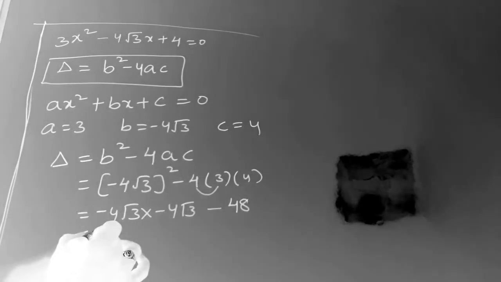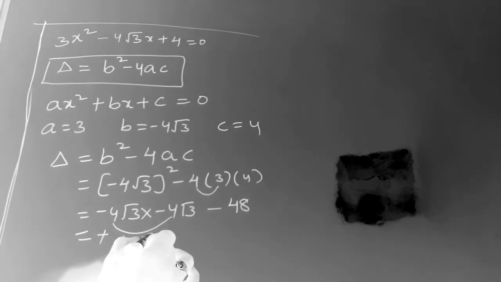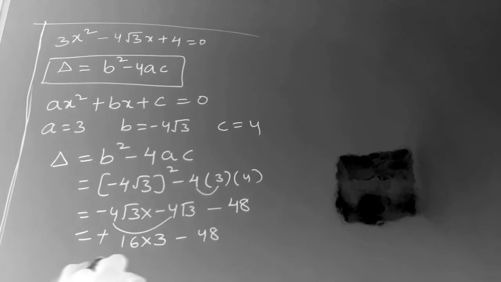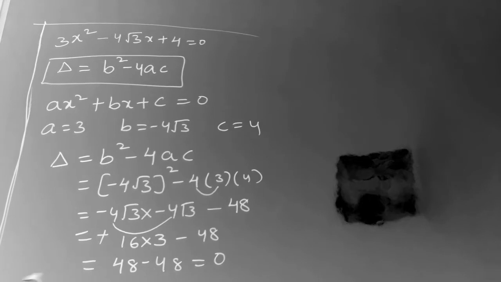Minus into minus will be plus. 4 into 4 will be 16. Root 3 into root 3 becomes 3. So what I am getting, 16 into 3 is nothing but 48. 48 minus 48 is nothing but 0. So here the value of the discriminant delta is equal to 0.